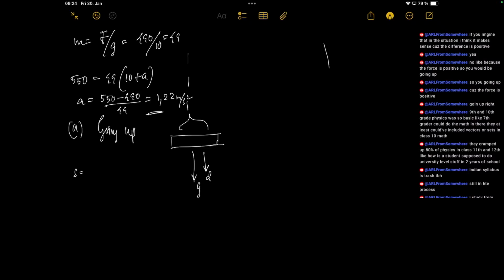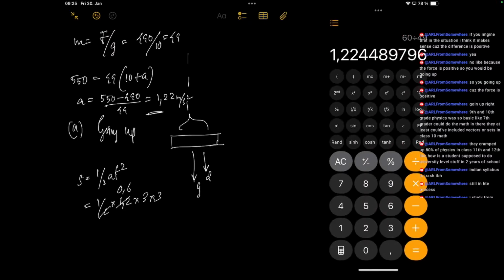S is equal to U t plus half a t squared. That's not gonna work. 5.4 meters. Okay.